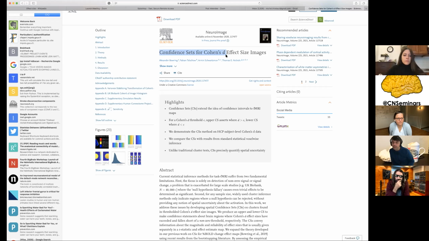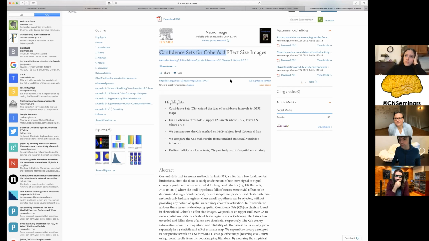They do a correction on the number of clusters that are significant, that are contiguous voxels together, that will show some significance. But by doing so, they're also losing some spatial resolution. So you know your cluster is significant, but you don't really know where inside that cluster. And that's another issue with the way we're doing neuroimaging.